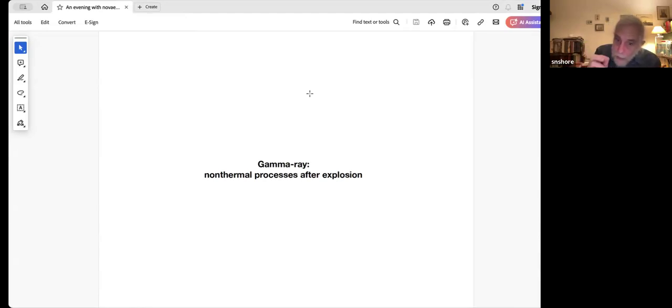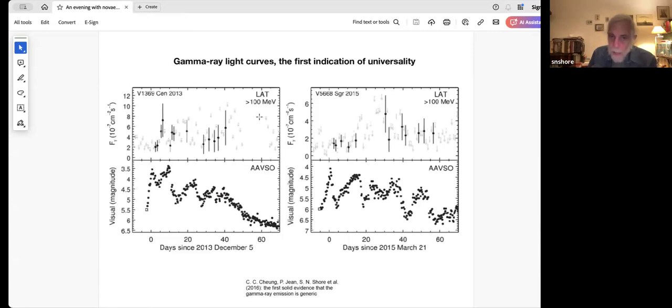So it was really unexpected to people when in 2010, and then later after 2013, the Fermi satellite started detecting gamma rays from Novae. Now, never mind that shocks can easily produce gamma rays. What was really surprising, and what is still a standing argument, is what I'm showing on this slide.